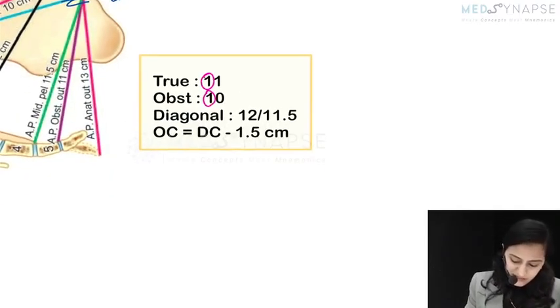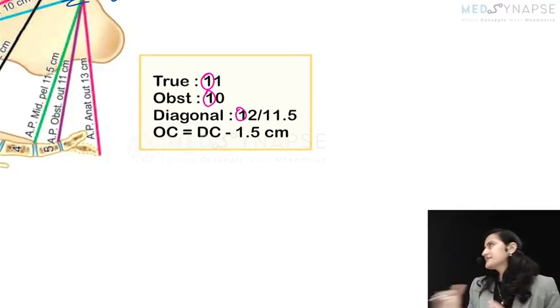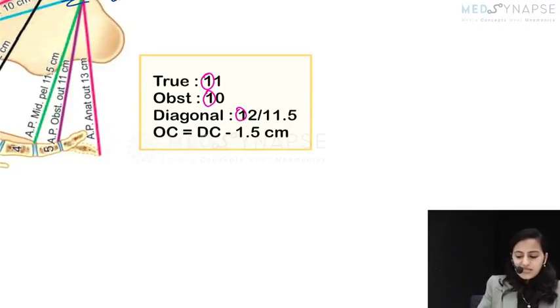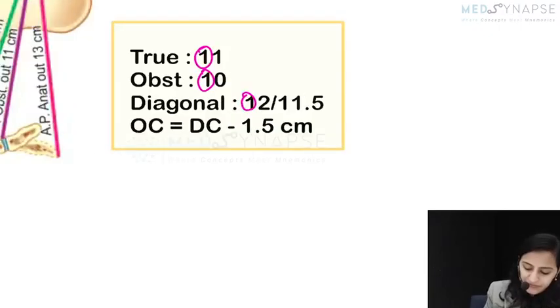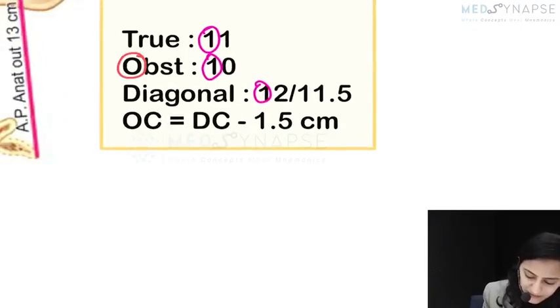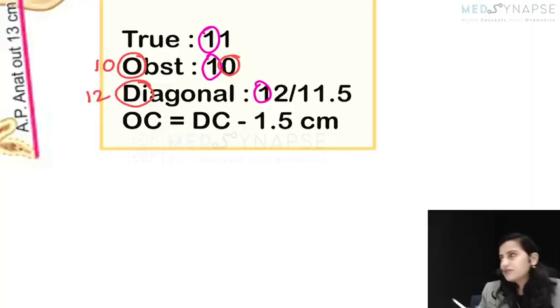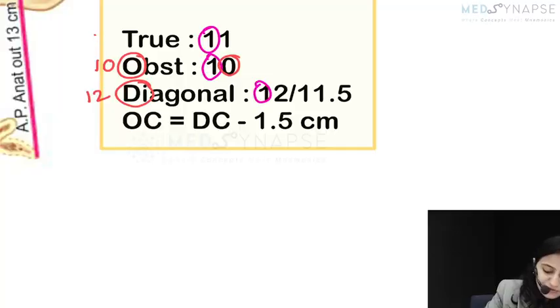Remember, all of this is 10, 11, 12. So which is 10, which is 11, and which is 12? Remember, obstetric is 10. Diagonal is 12. Di is 12. So the remaining, true, T is 1, is 11.